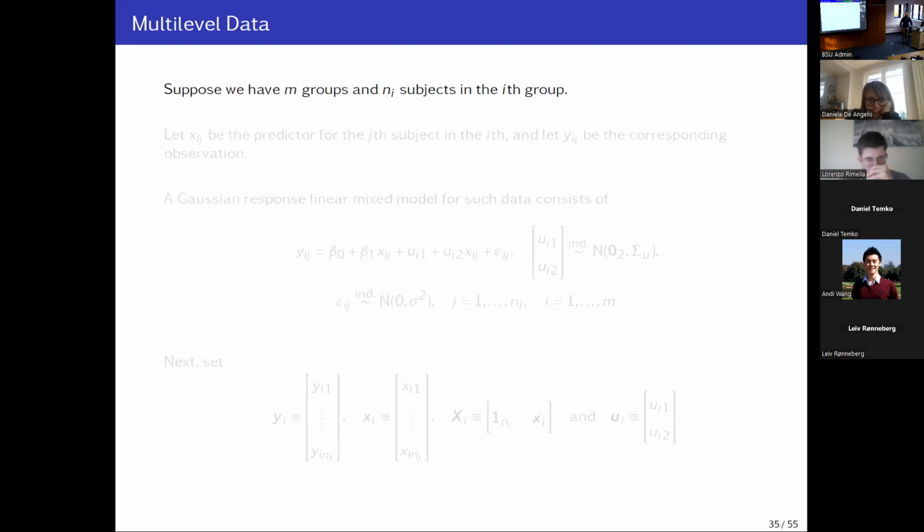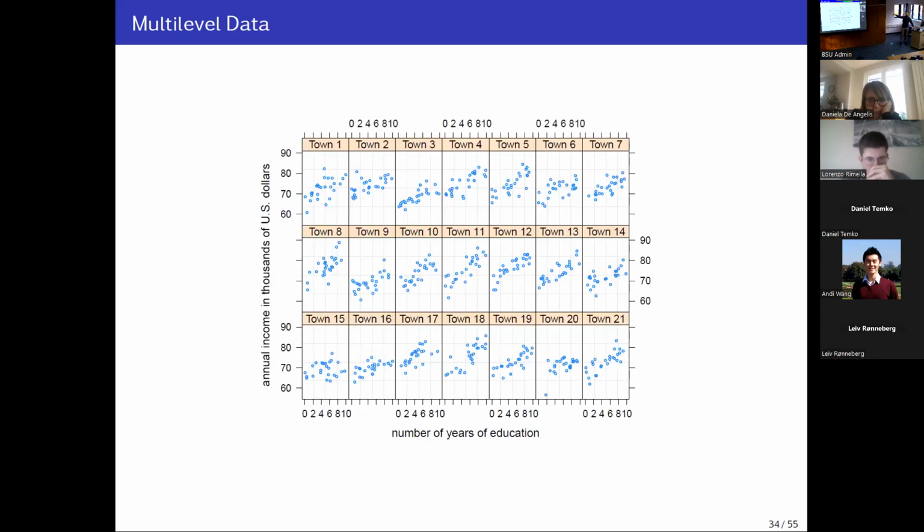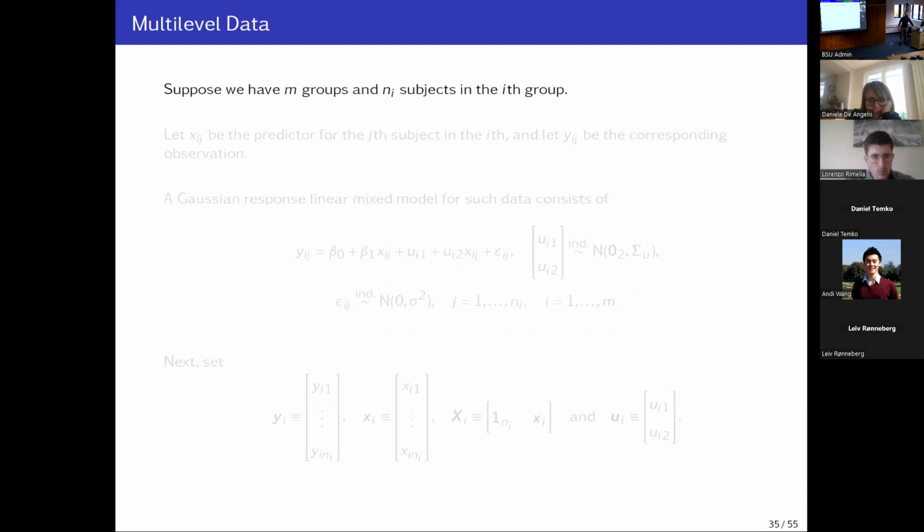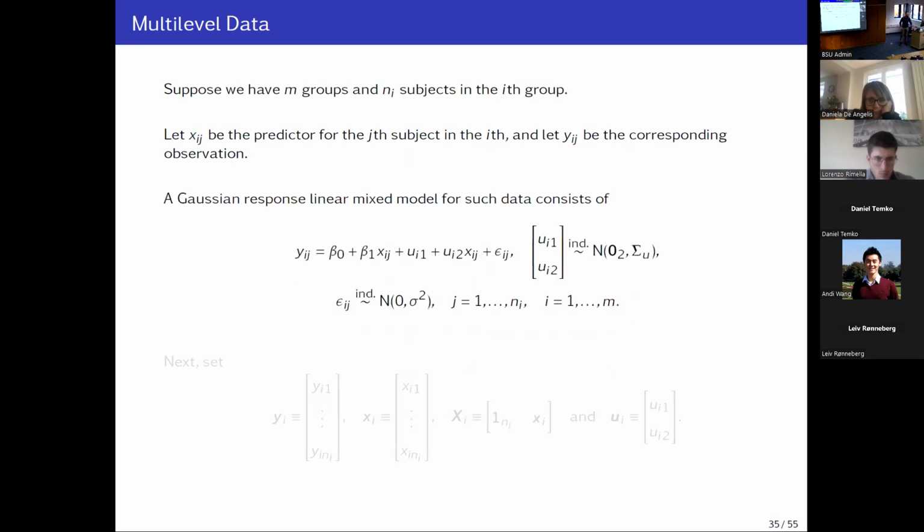Suppose we have M groups. Let's put this into something concrete: we have 21 towns and 25 people in each of those towns. So M is 21 and each n_i is 25. You have your X's and your Y's that have this hierarchical structure. This is the Gaussian response linear mixed model that you would use. Once again, you have your fixed effects and your random effects.